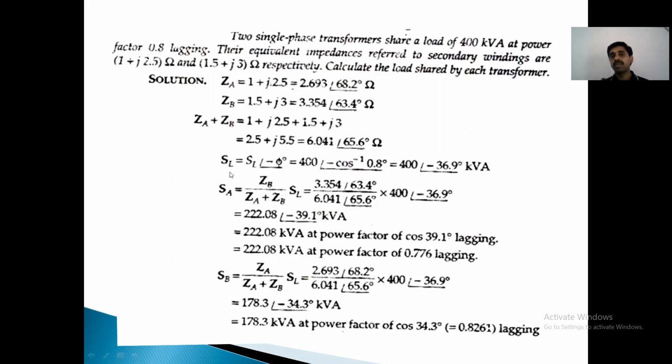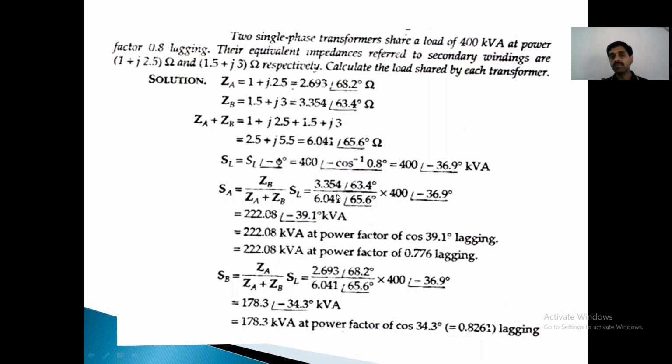Then what is SL? It is given: 400 kVA at a power factor of 0.8 lagging. Then you can write 400 at an angle of minus cos inverse 0.8, because for lagging we keep minus. We can write that as kVA like this. Then what is SA, the first transformer kVA rating? From the formula, ZB by ZA plus ZB into the total load kVA.